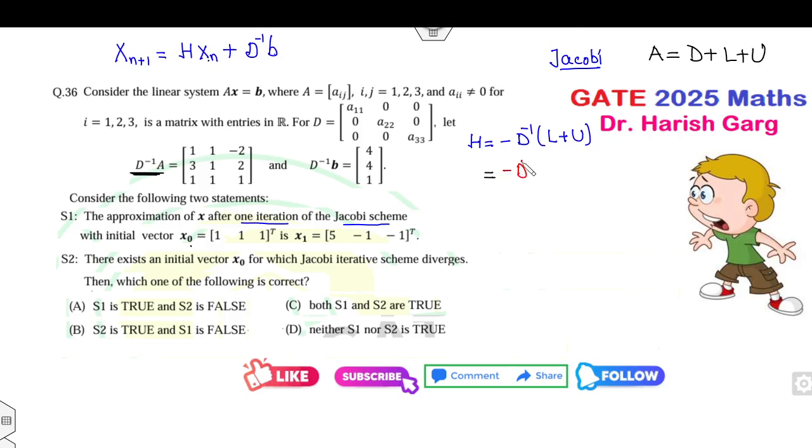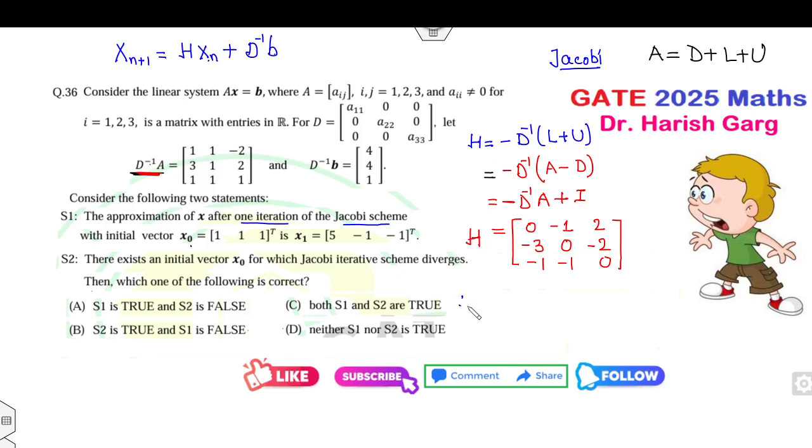So I can substitute the value of L plus U, which is A minus D. So that will be minus D inverse (A minus D), that is D inverse A plus I. So now I can substitute the value of D inverse A plus I. That will give you 0, minus 1, 2, minus 3, 0, minus 2, minus 1, minus 1, 0. This is the value of the H.